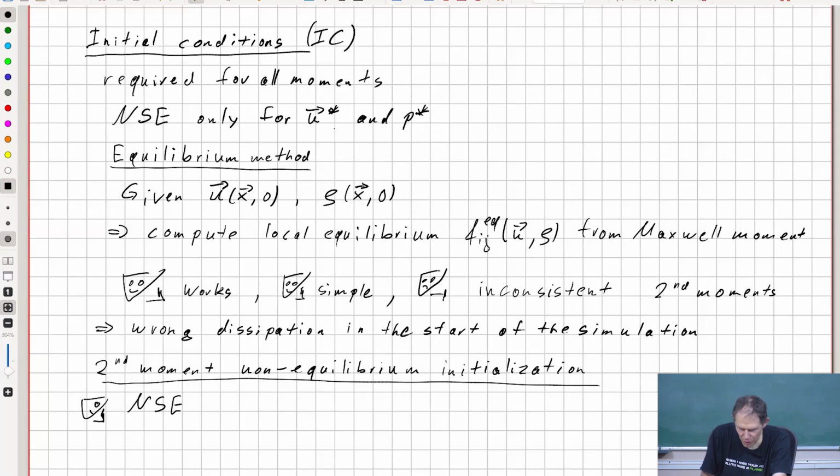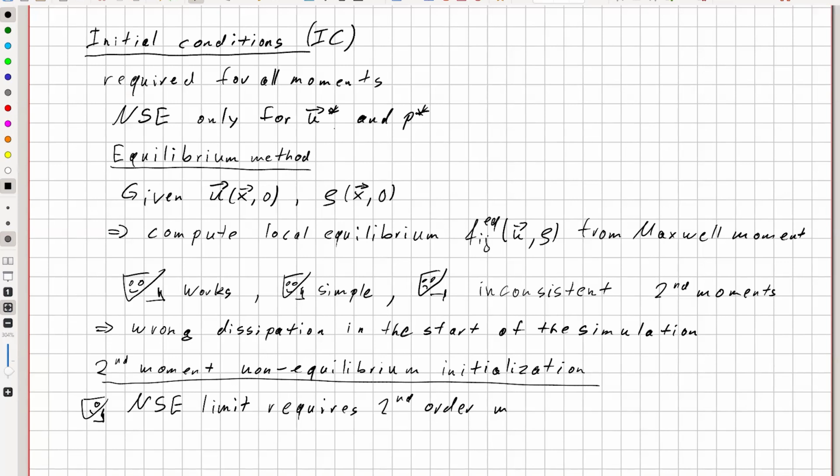So the Navier-Stokes limit, in which we want to solve our approximation of the Boltzmann equation, requires second order moments to be second order accurate in a smallness parameter that we identify with delta x.